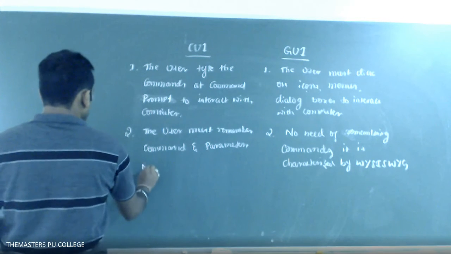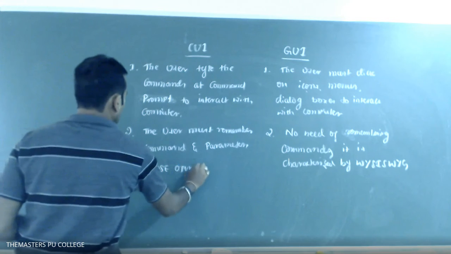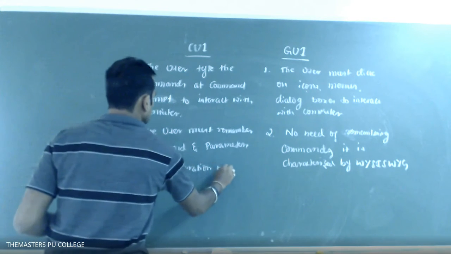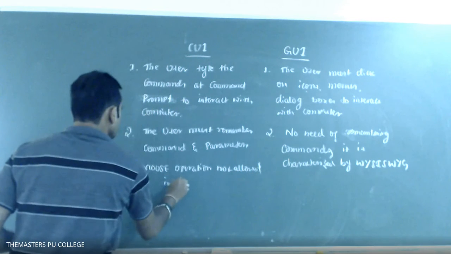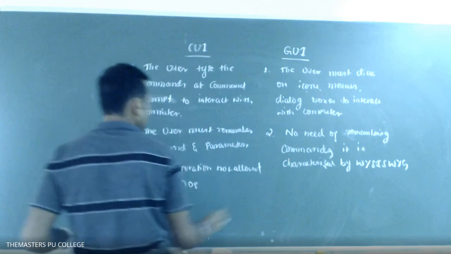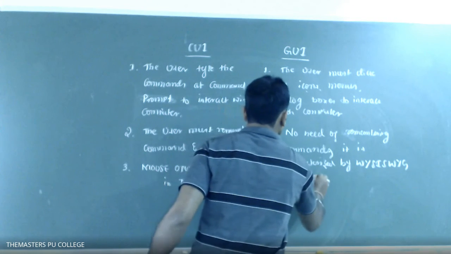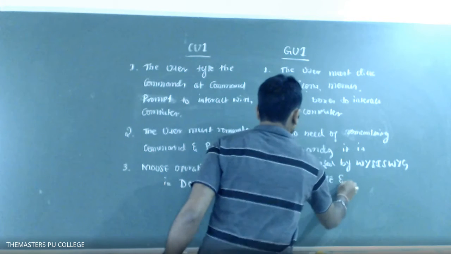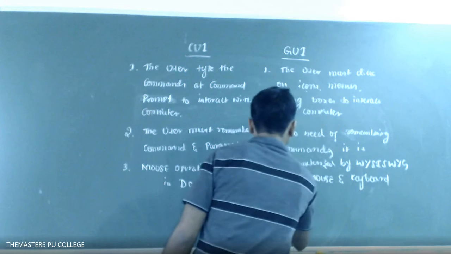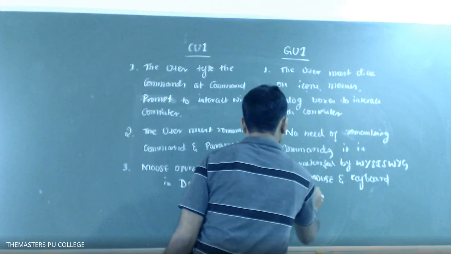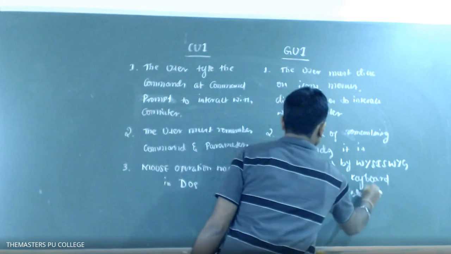Mouse operation is not allowed in DOS, the disk operating system, but both mouse and keyboard operations are possible in Windows.